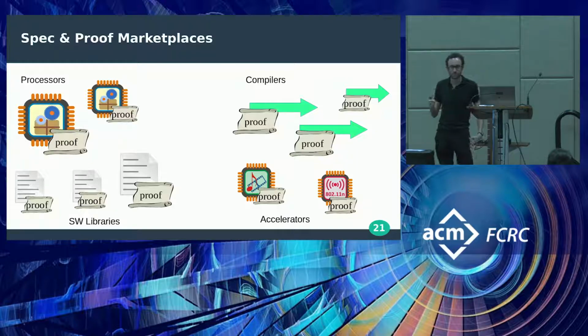What you can imagine building with this kind of approach is a marketplace or an ecosystem, whether it's commercial or open source, where there's a whole library of pieces out there that you can assemble into systems. Processors, compilers, software libraries, accelerators. Each of these, imagine, is out there on GitHub maybe with a formal specification saying what this piece is supposed to do, and also a proof, which establishes that this piece really does what it's supposed to do.